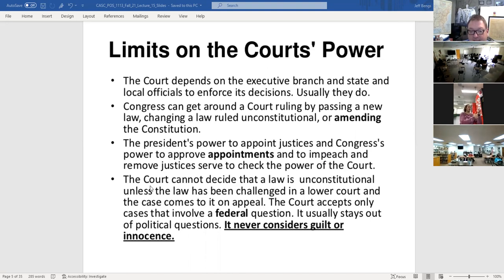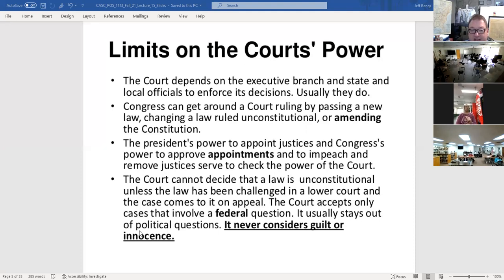And then a higher court cannot decide if a law is unconstitutional unless the law has been challenged in a lower court and it comes as an appeal. The court accepts only cases that involve a federal question.